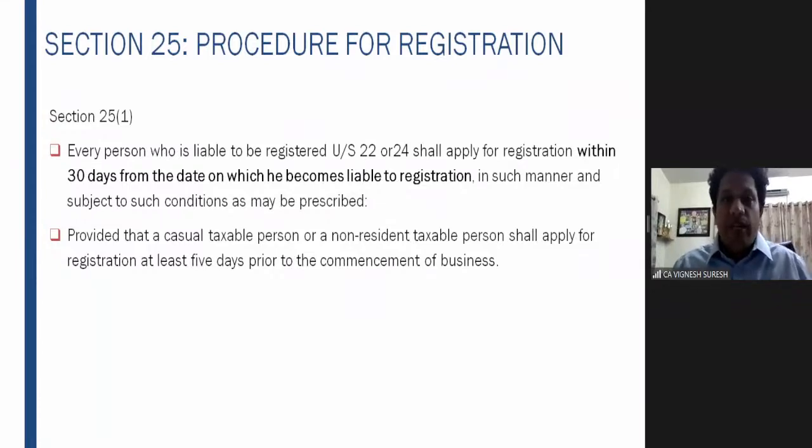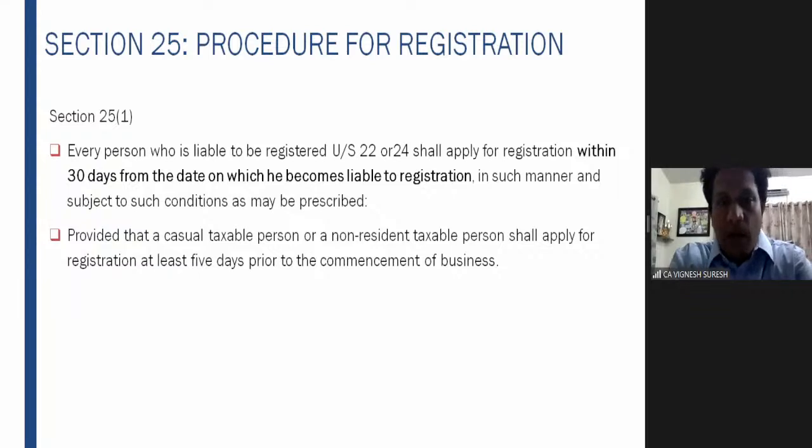I'm in the state of Delhi, I'm into a jewelry business, and in Rajasthan, an event manager is organizing an exhibition where sellers from all over India come and participate. In this particular situation, I need to get myself registration as a casual taxable person in the state of Rajasthan.